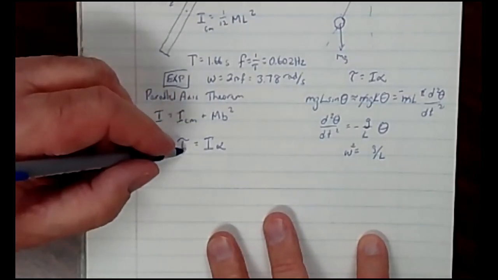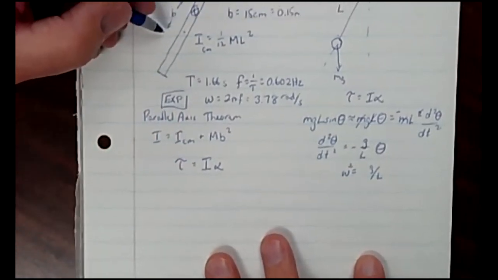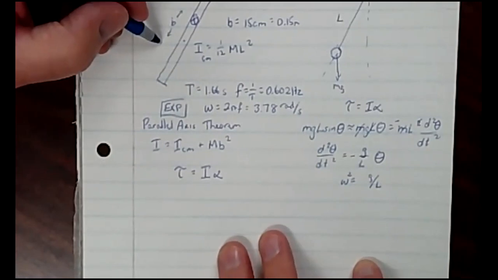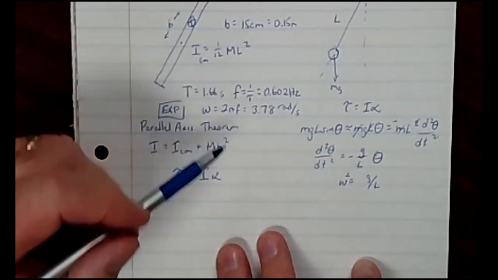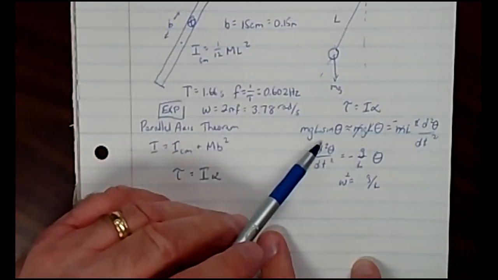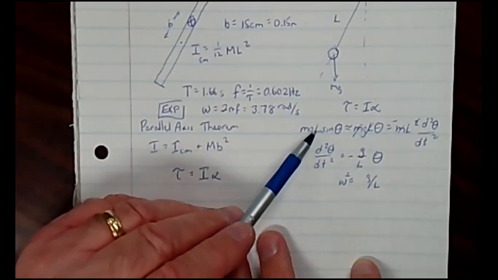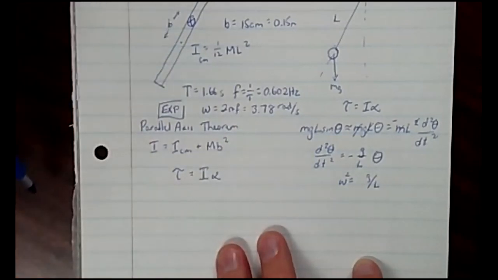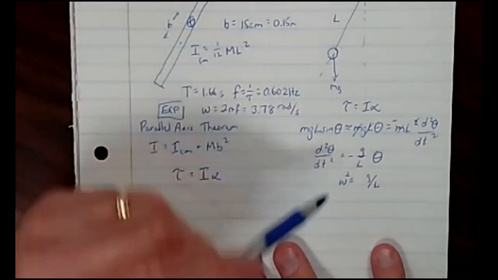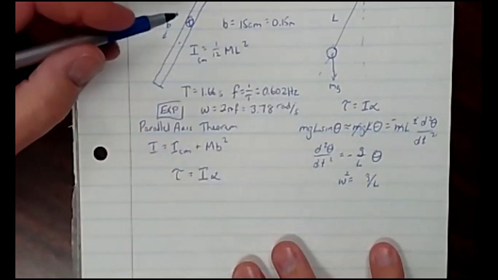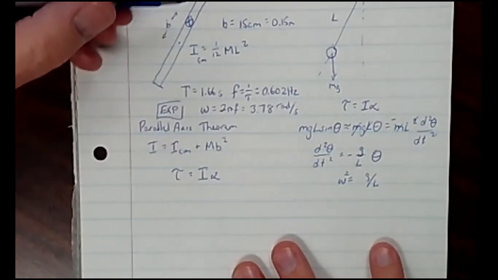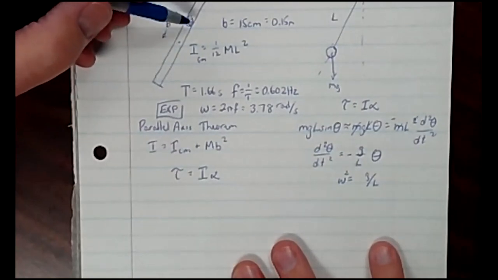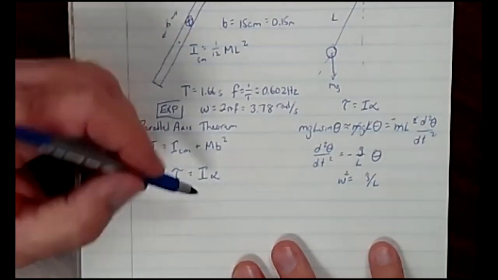And the torque is going to be equal to mass times gravity again, sine theta again, mass times gravity, sine theta. But in this case, the L is going to be my B value. And then times the sine of theta. So we have a torque that's exerted here. And then we'll see what happens from there.